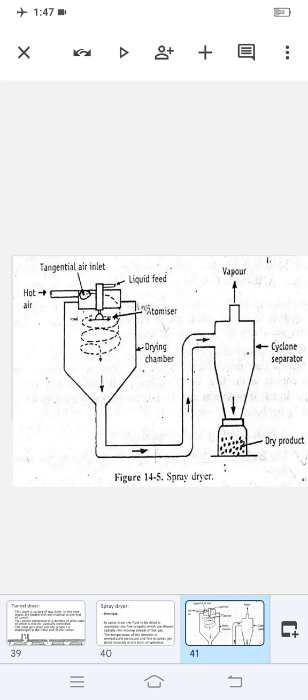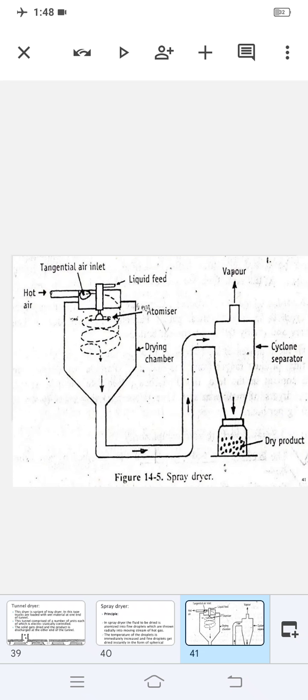An inlet for hot air is placed in the roof of the chamber, and another inlet carrying the spray disc atomizer is set in the roof. You can see that atomizer. The spray disc atomizer is about 300 millimeters in diameter, and it rotates at a speed of 3000 to 50,000 revolutions per minute. The bottom of the dryer is then connected to a cyclone separator. So this was the construction.